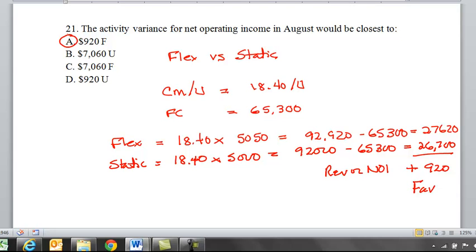So it's going to be 920 favorable, or A. So again, when you take the difference of flex minus static, or if you're talking about revenue or spending variance, actual minus the flex, as long as the revenue or net operating income difference is positive, it'll be favorable. If it's negative, then it's going to be unfavorable. And then, of course, it's the opposite for expenses.